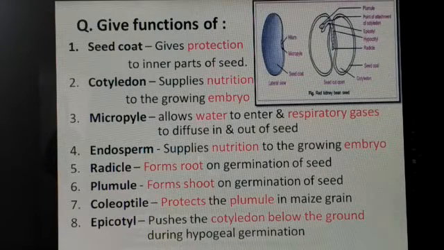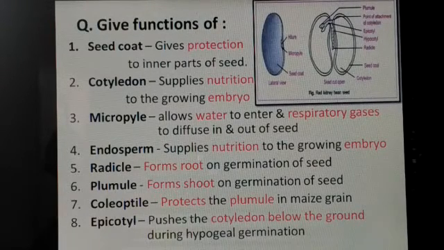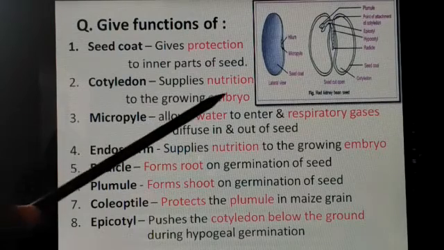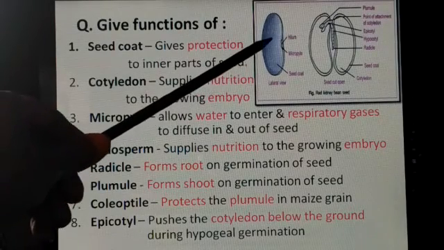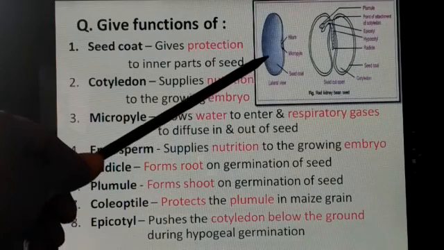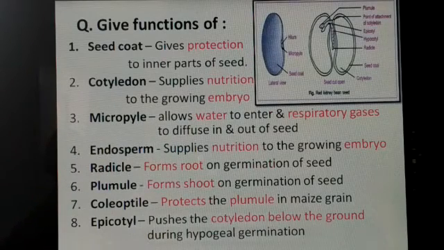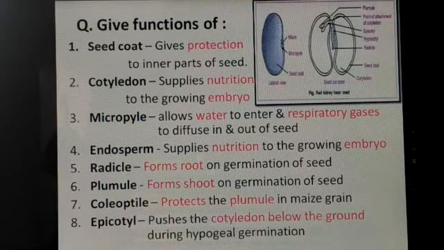Third structure is micropyle. Now you can see on the left hand side, micropyle is shown here in the figure. Micropyle is just below the hilum. Micropyle is a tiny opening through which water enters into the seed and respiratory gases move in and out of the seed.